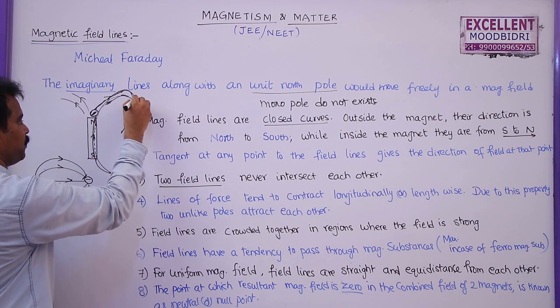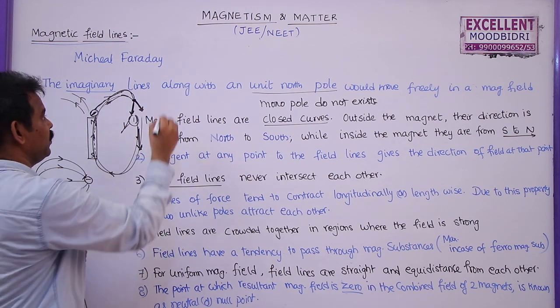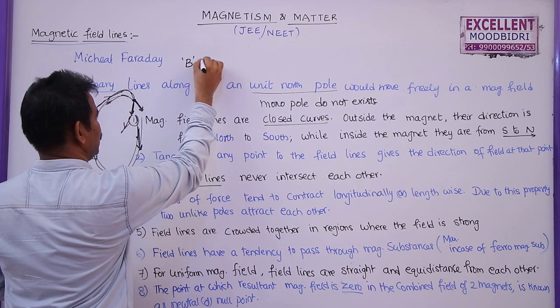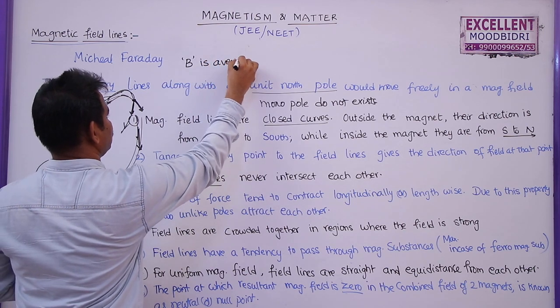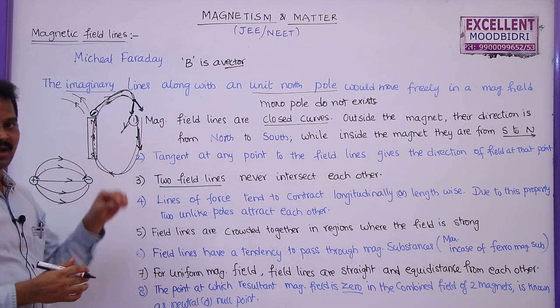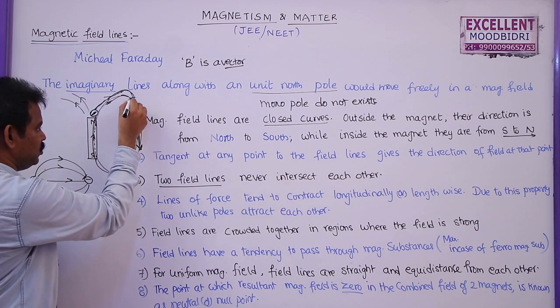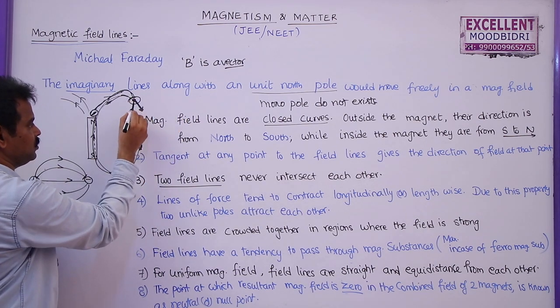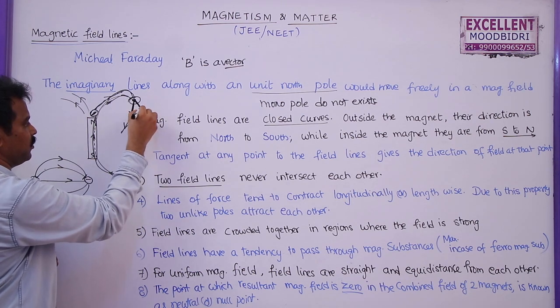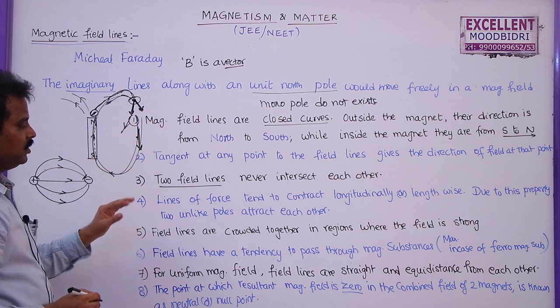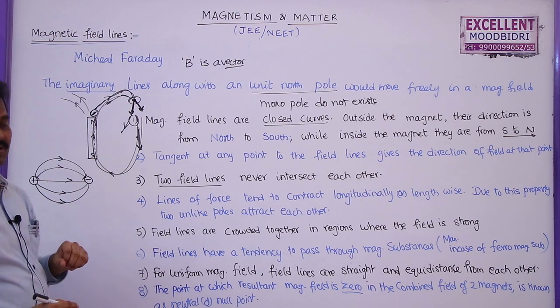But the magnetic field at a point should have only one direction, because the magnetic field is a vector. Vector means at a given point, it should have only one direction. But as these two magnetic field lines are intersecting, it has two different directions, which is impossible. That's why field lines never intersect with each other.